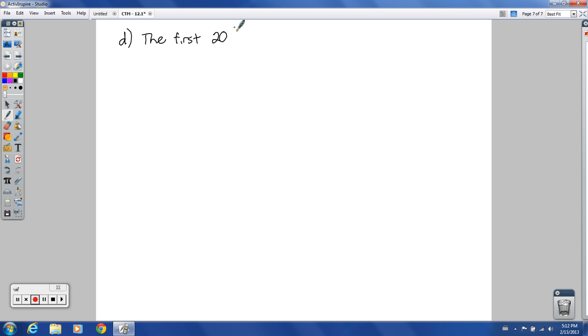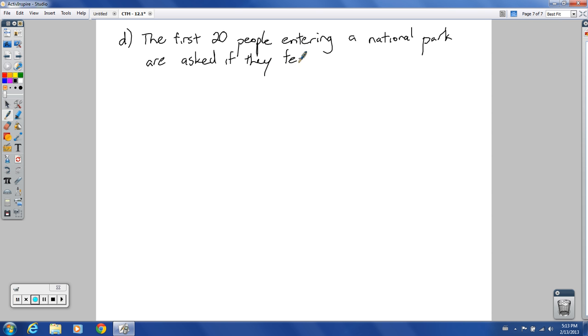So the first 20 people entering a national park are asked if they feel strongly in favor of protecting the environment.